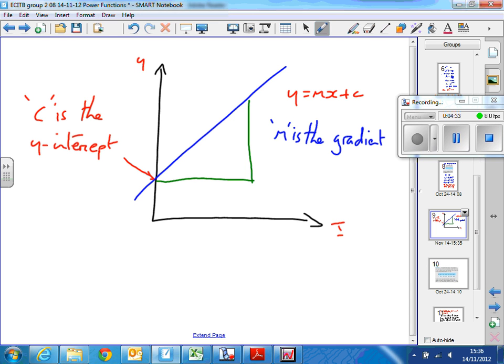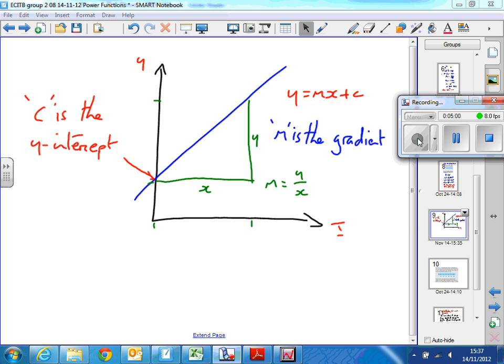So I draw a triangle in, and I work out what y is and x is. So I measure y using the scale from here, from there to there gives me y, and from there to there gives me x, and divide y by x to get the gradient. And that is the value of m in this equation. So that's the equation of the line.